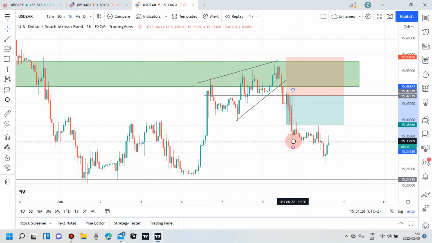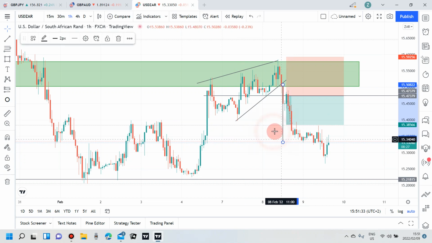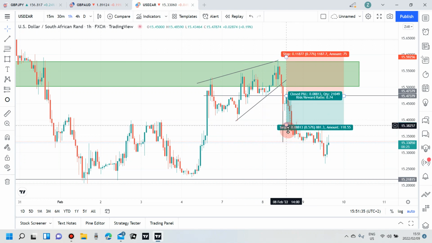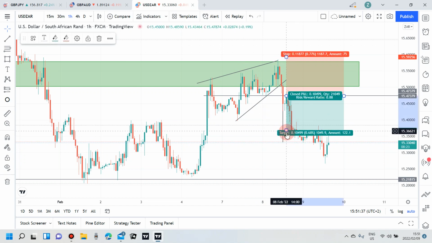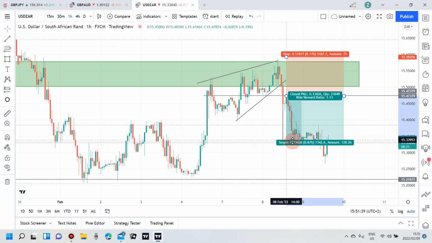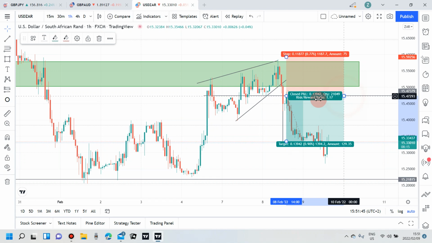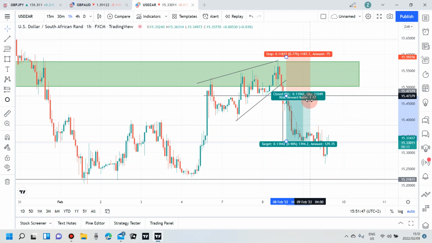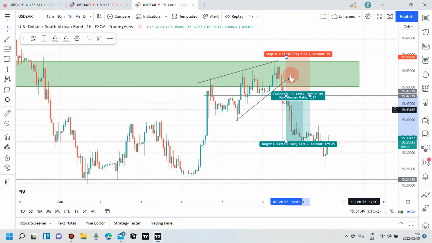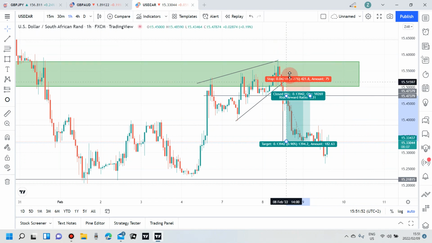Place it where the market broke out, right? Then you would set your target there. So this is what you would obviously do.